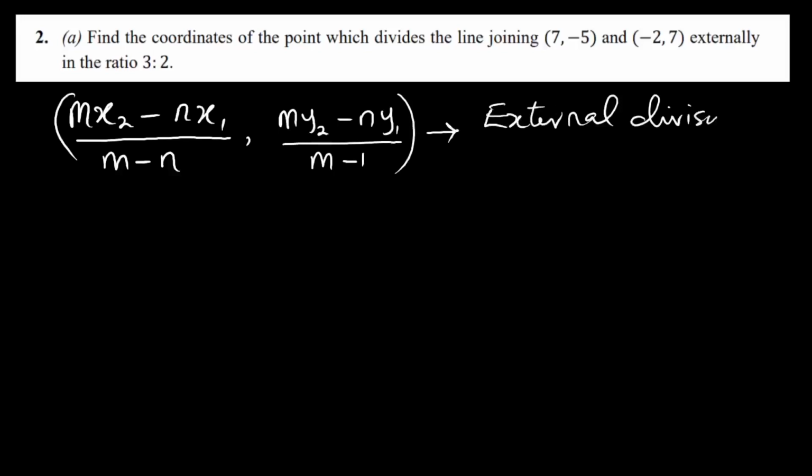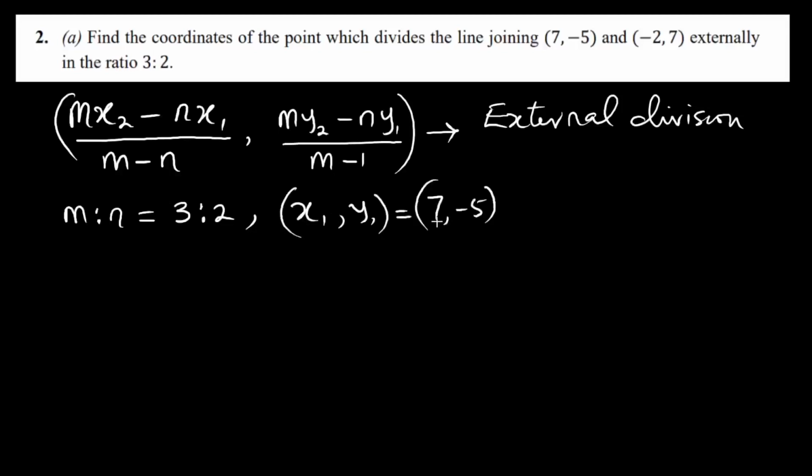All right, so what are your parameters x1, x2, y1, y2, m and n? Your ratio m to n is given as 3:2, where 3 is your m and 2 is your n. x1 is 7, y1 is -5.